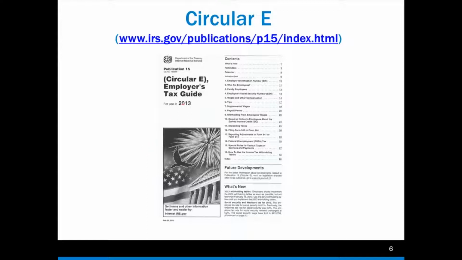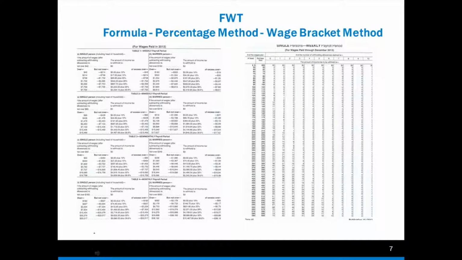It explains how to calculate, what is earned income, and it's a pretty involved document. It's well worth reading. It's not that difficult to understand, to a certain extent, and I think everybody should look at it. But anyway, let's move on. This might be hard to see, but we're going to blow it up a little bit in the next couple of slides.